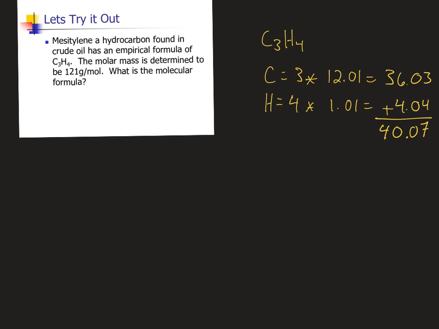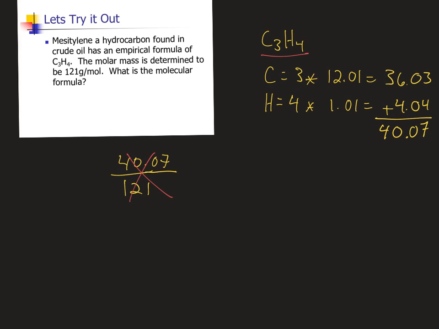Now, the next question is, do I divide 40.07 by 121? Well, that would give me a small number, wouldn't it? Well, I wouldn't want to do that. This is already the smallest that it can be. I need to ramp things up.